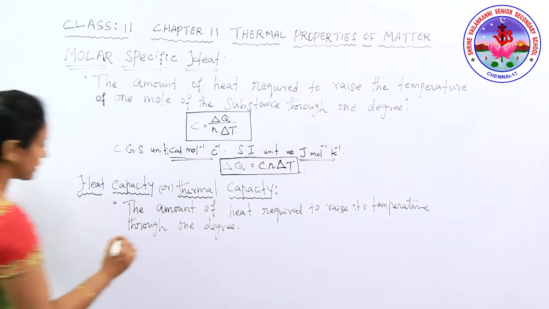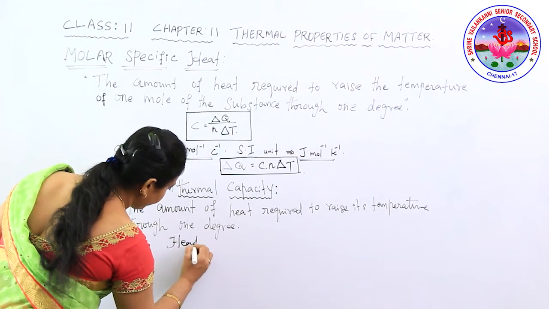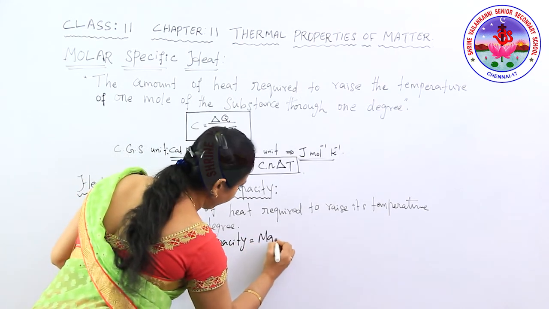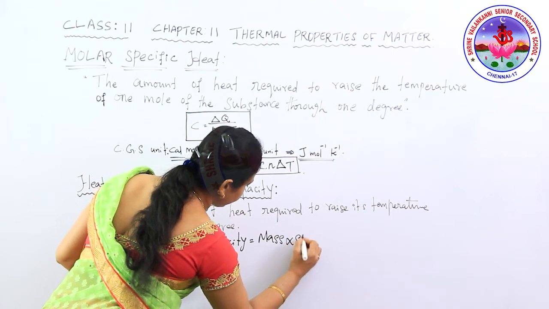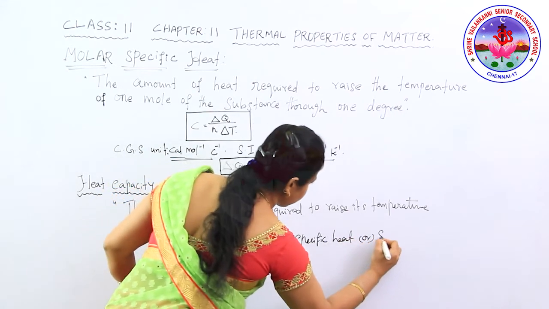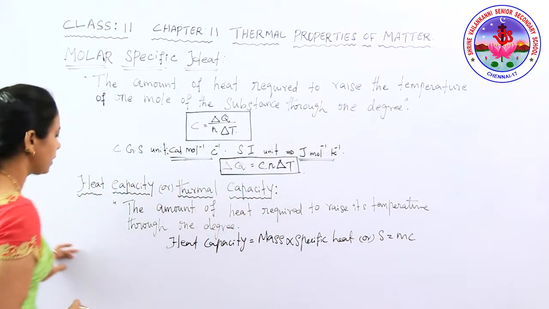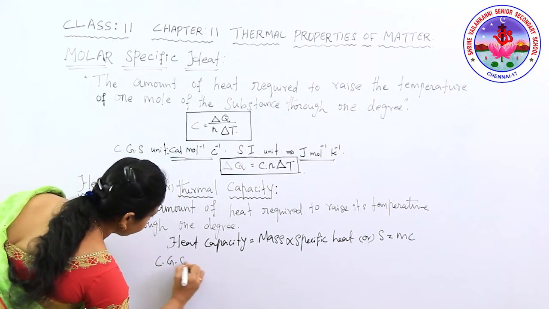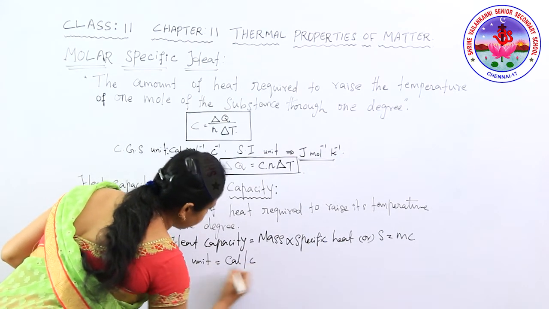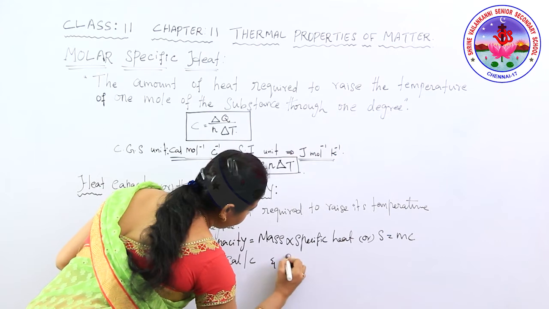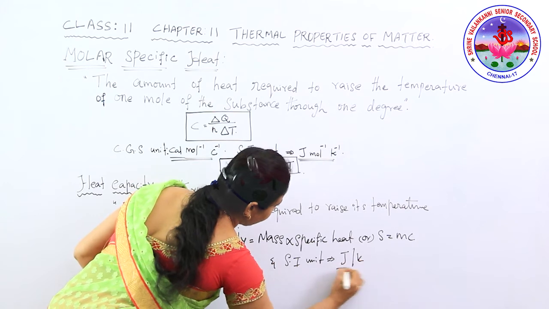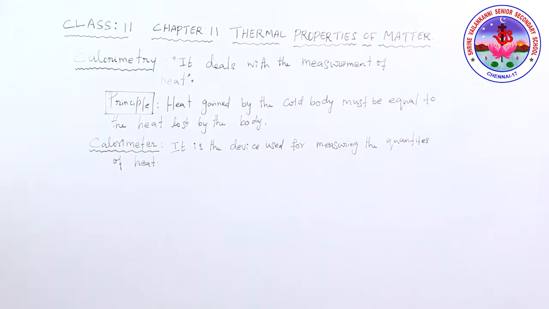Then heat capacity is equal to mass into specific heat, or we can write S equals MC. Its CGS unit is calorie per Celsius and the SI unit is joule per Kelvin.